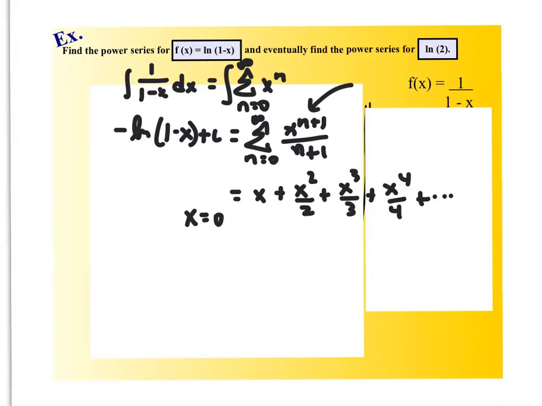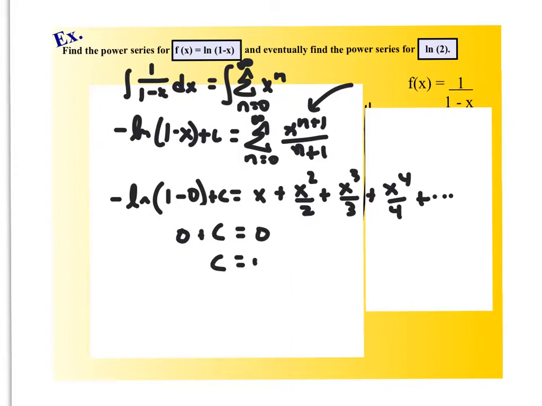If x equaled 0, what is the natural log of 1? Well, the natural log of 1 is 0. So I'd have 0 plus c equals a bunch of zeros: 0, 0, 0, 0, etc. Therefore, you can see that c would equal 0.